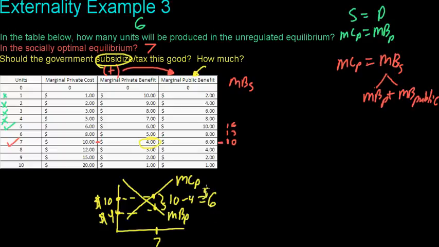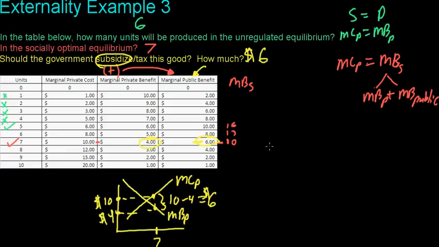And the short way to find that is that the value of the subsidy is also equal to the value of the externality at the socially optimal output level. So you could have just gone and circled 6 right there, and that would have been it. So it should subsidize this good by $6 per unit, or at a level of $72, it should be spending 7 times 6 is, I always goof this one up, 7 times 6 I believe is, you know what, let me just do this out. 6 times 6 is 36, plus 6 is 42.